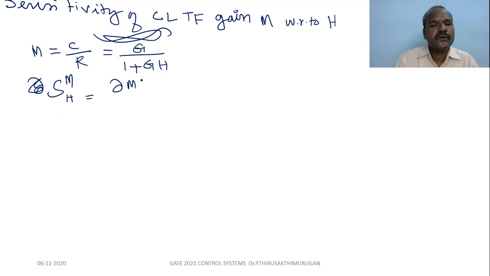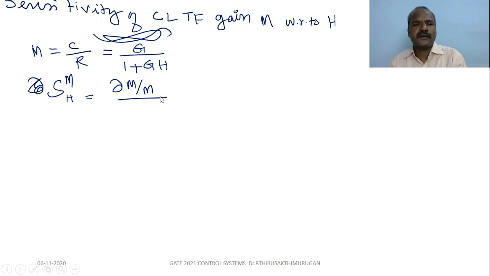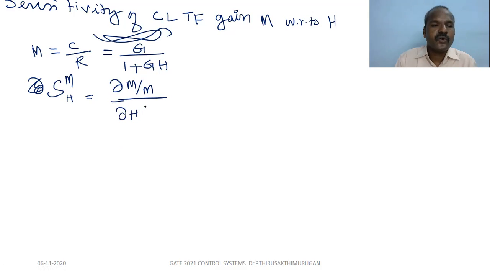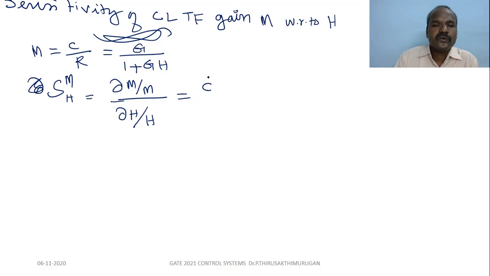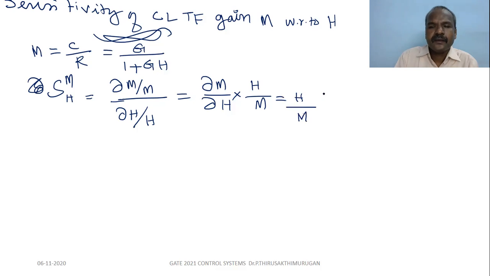The sensitivity is the incremental change in overall gain divided by the percentage incremental change in H, that is, dou M by M divided by dou H by H. This equals dou M by dou H into H by M. Keeping H by M, similar to the previous steps, dou by dou H of M, where M is G by 1 plus GH.